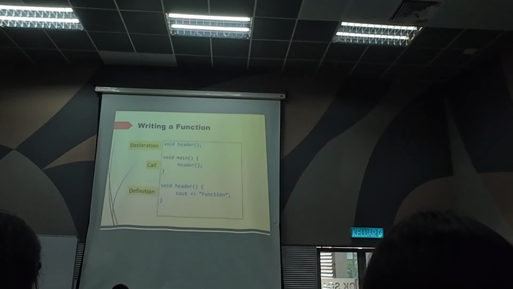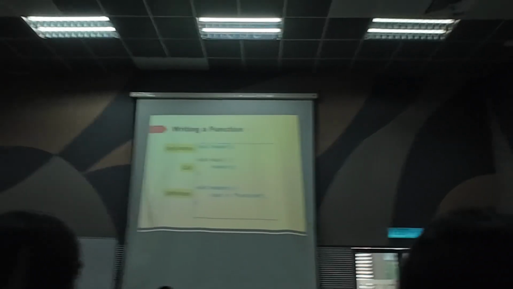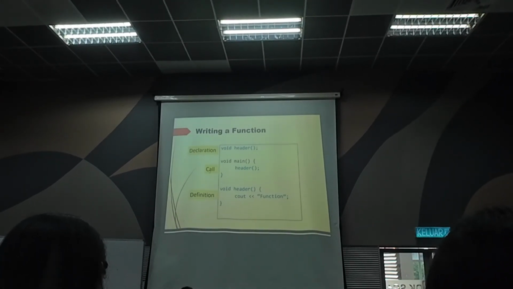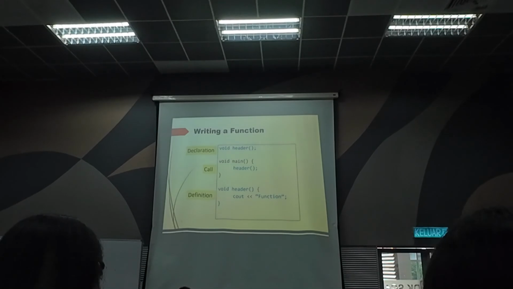It will go to your function definition. This is where you put all your statements and actions. We call it the function definition. So this is function declaration, function call, and function definition.